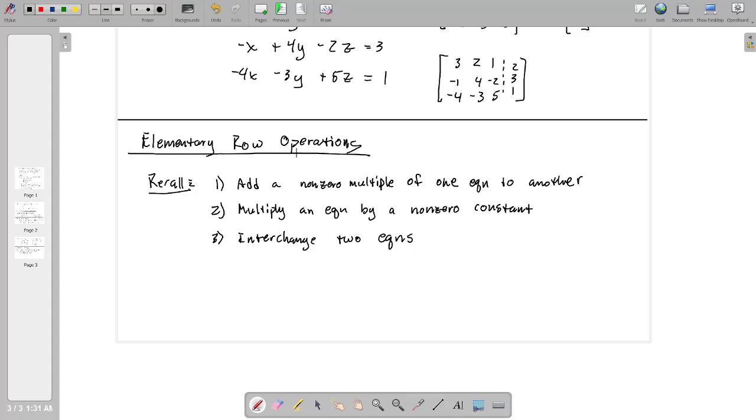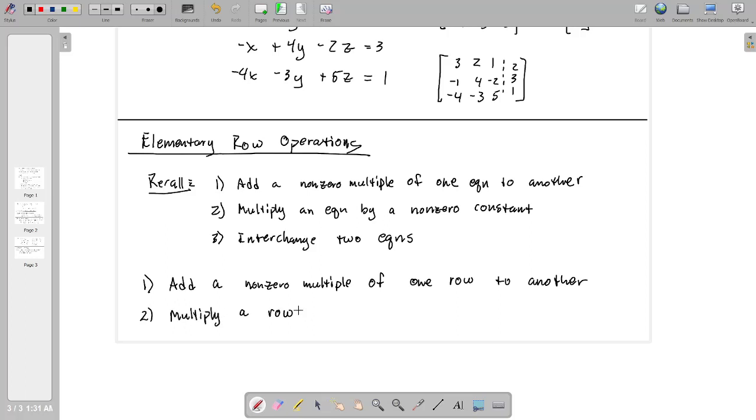So we call these elementary row operations. And that will be 1, add a non-zero multiple of one row to another; 2, multiply a row by a non-zero constant; and 3, interchange two rows. So notice that they're identical here, except instead of talking about an equation, we're talking about rows.